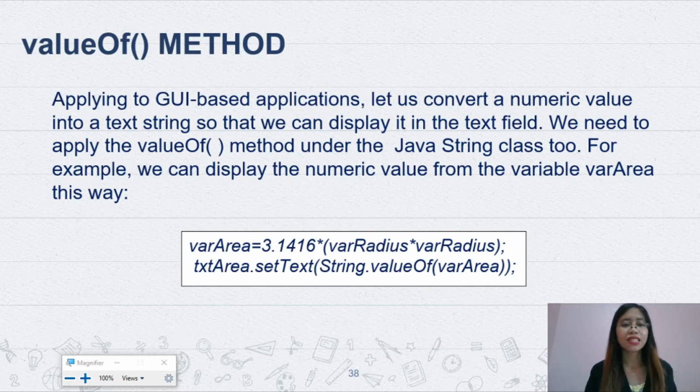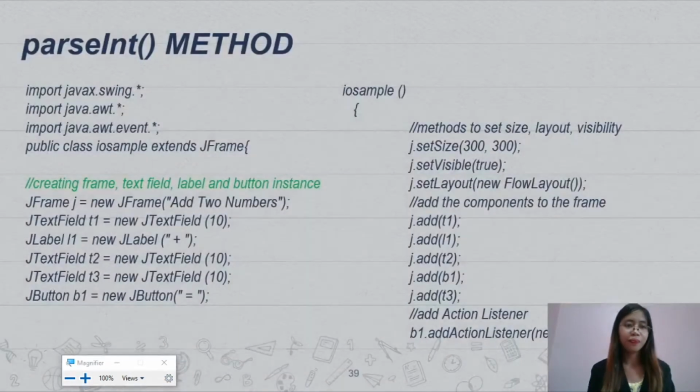So in this case, now we have to set the text and then use string value of to convert the result. Halimbawa, 500 yung sagot. So ilalagay mo dito yung variable na nagko-contain ng result. No, automatically, i-convert niyo yung number na yung 500 na yun from integer into text or into string.